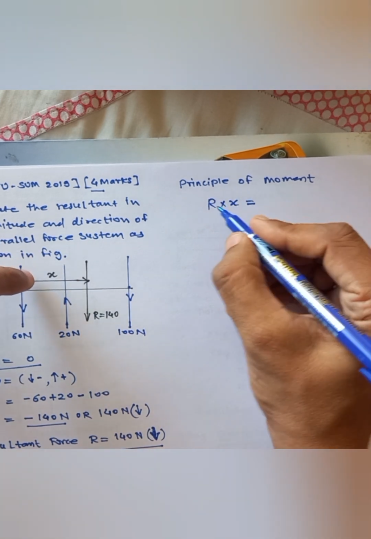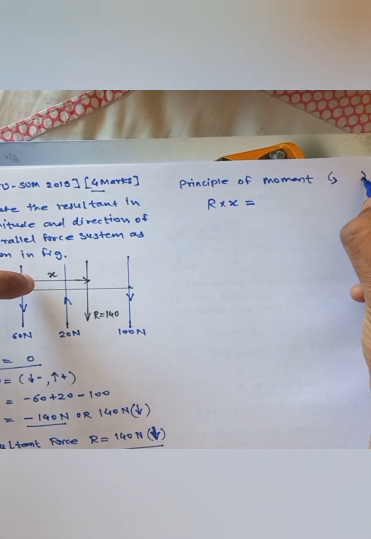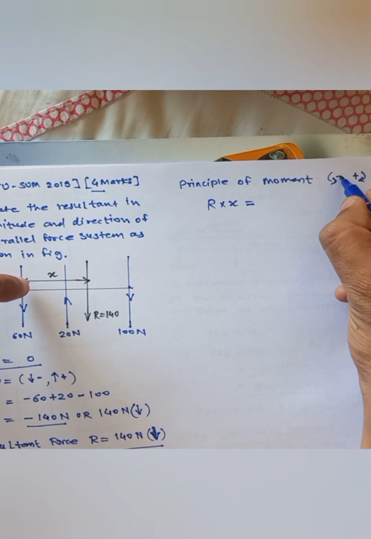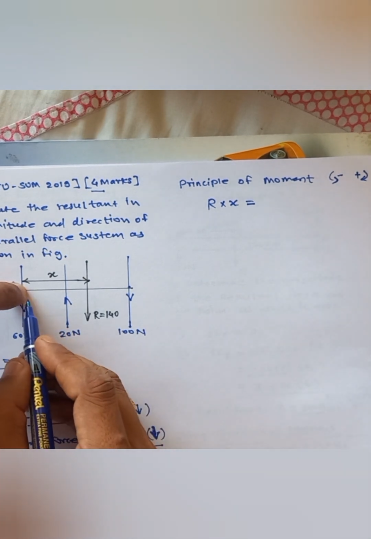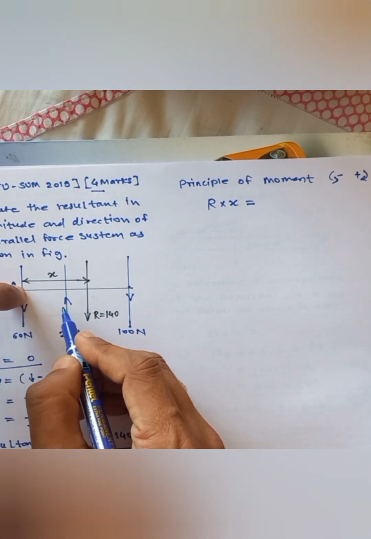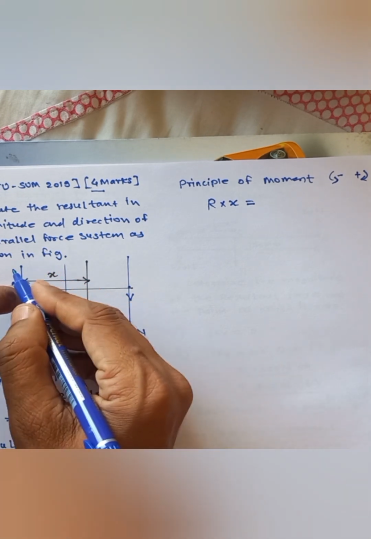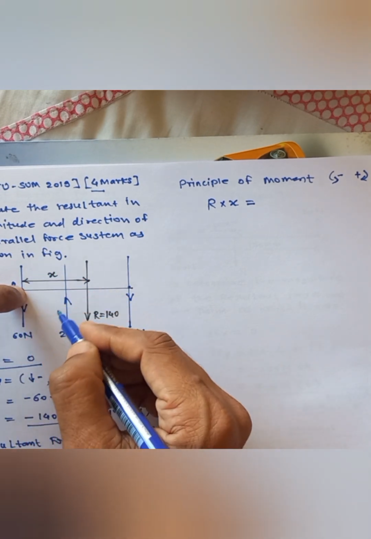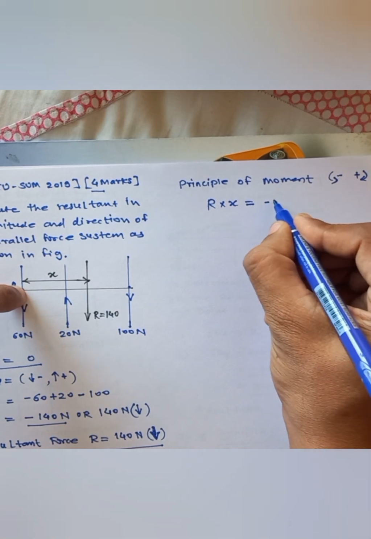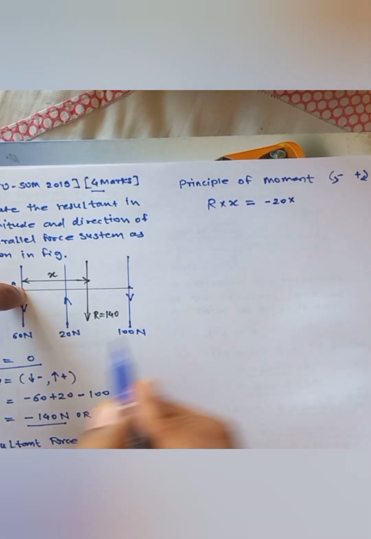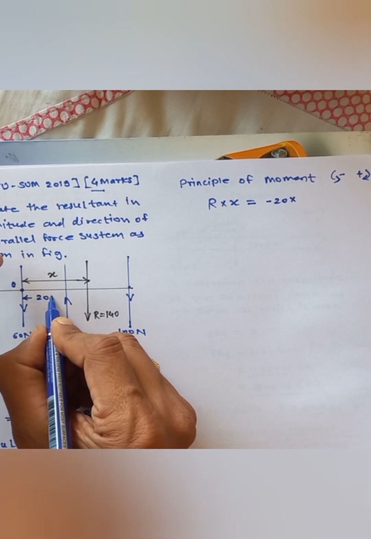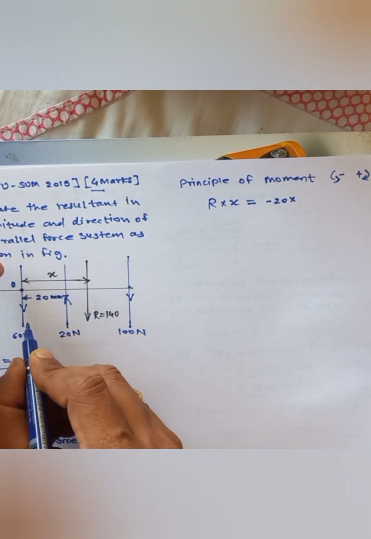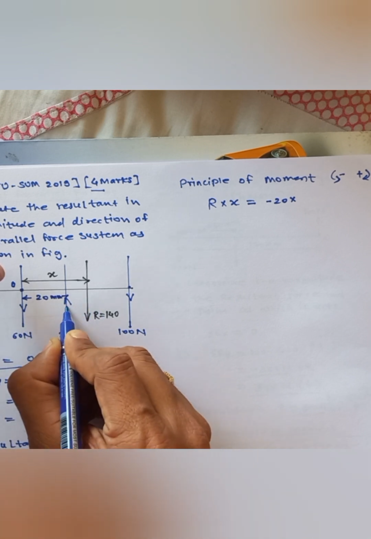Now consider the sign convention. Clockwise I generally take plus and anti-clockwise minus about a point. So keep a finger here at the O point and take the moment of 20 first. It is going in an anti-clockwise fashion, so it is minus 20 into, the distances are given, 20 mm and this is 30 mm.